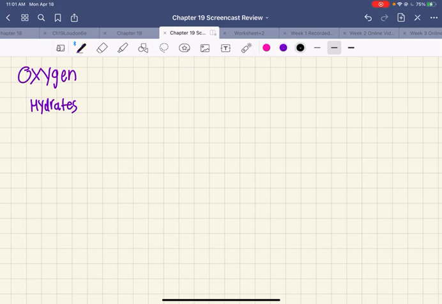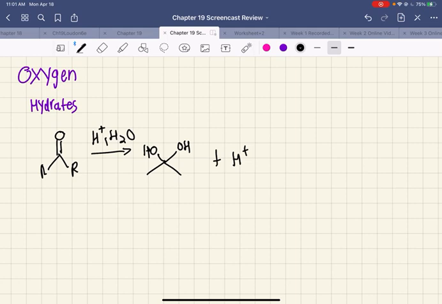So let's take this basic ketone again and react it with H plus, and a hydrate will form, OH. So that would be classified as an acetal.